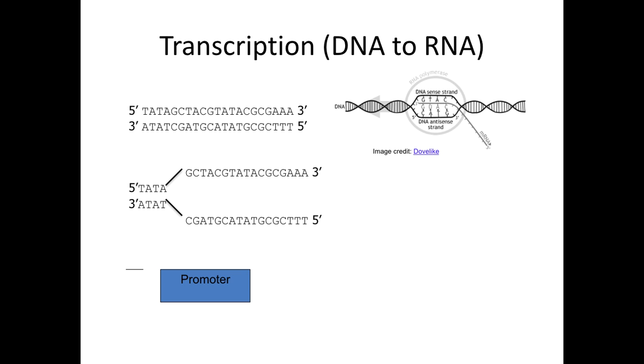A promoter is essentially a DNA sequence that says, yes, this thing here, this is the thing that we care about, this is the thing that we want. And so when a promoter is found, the DNA is going to get split open like this.